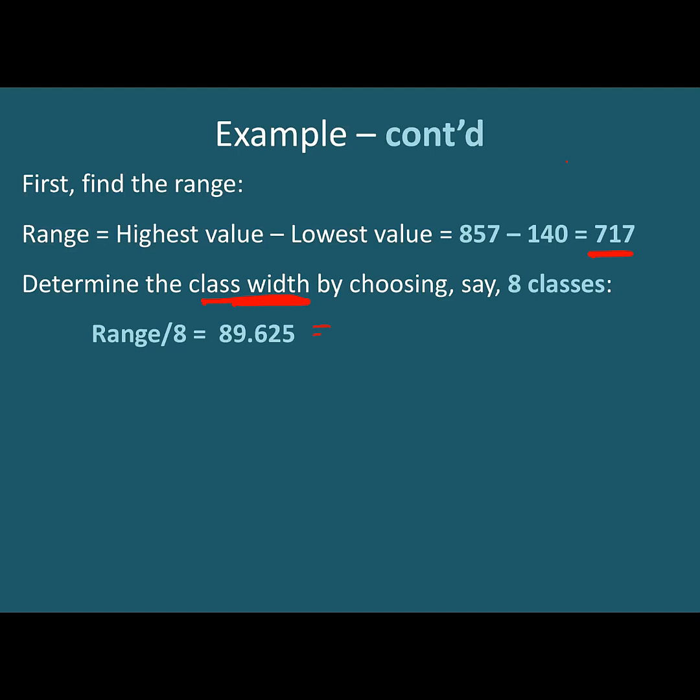That is to say, 717 divided by 8 gives us 89.625. Now, once the class width is established, you also want to make things easier on yourself by simply rounding up in this case. So our class width will be 90.